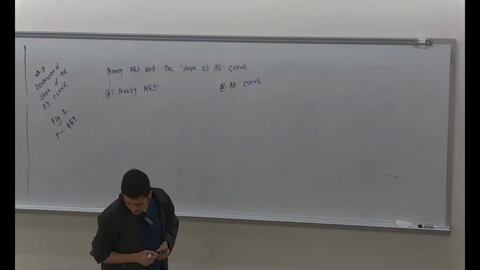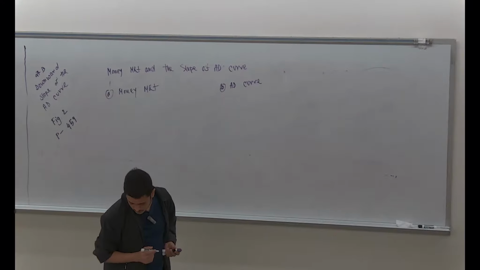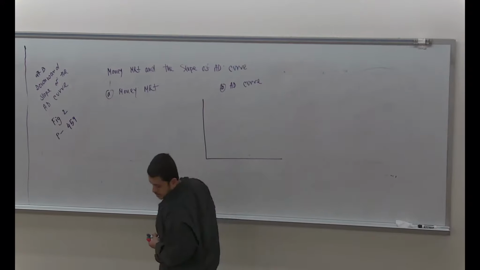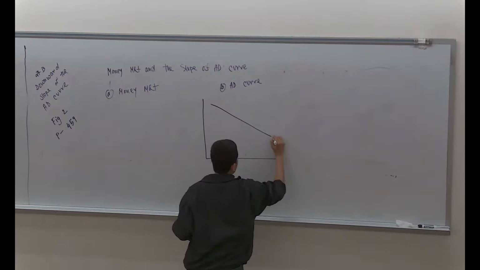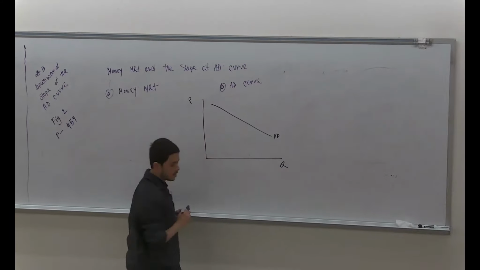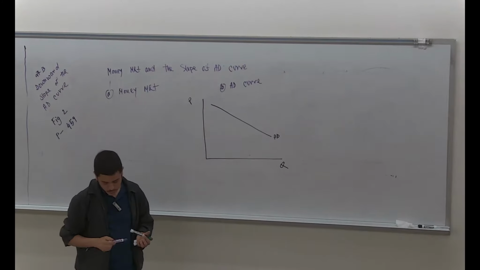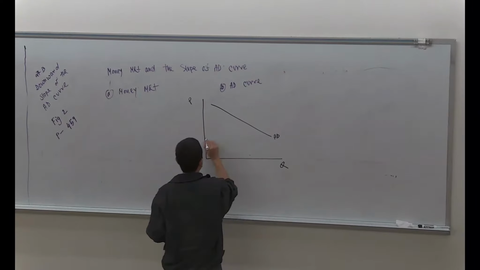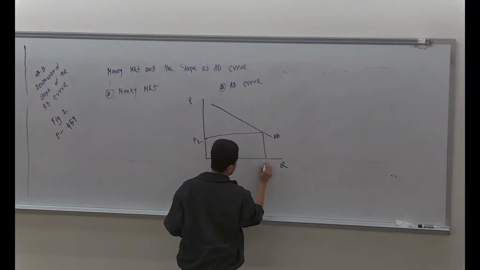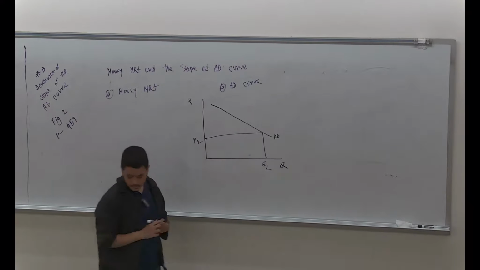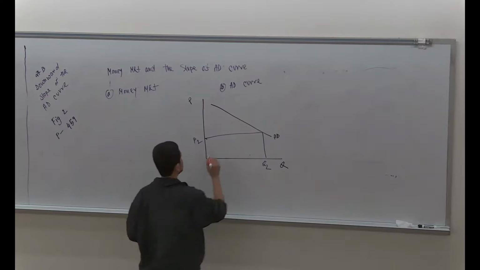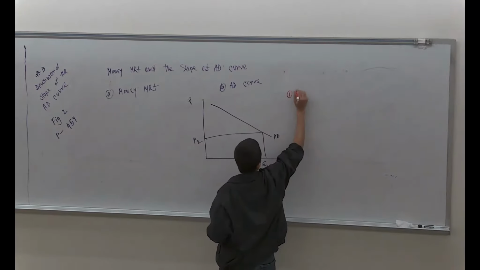Now let's say this is our AD curve, downward sloping. This is P, this is real GDP or quantity demanded of goods and services. So here the price level may be P2, we demand Q2 amount of goods and services, and then the price level increases.